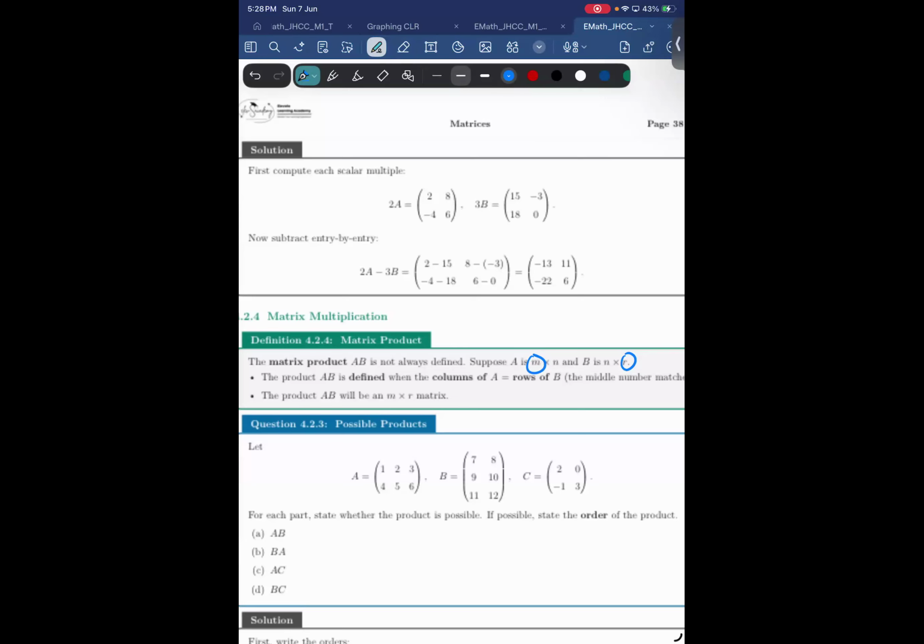Let's take note, you're not asked to compute the matrix, so just check whether you can do so. The computation is afterwards.